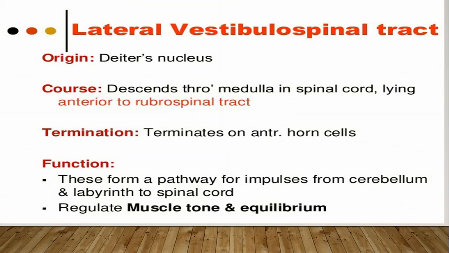As for function, they form a pathway for impulses from the cerebellum and the labyrinth to the spinal cord, and regulate muscle tone and equilibrium. The lateral vestibulospinal tract originates in the lateral vestibular nucleus, which is called the Deiters nucleus.